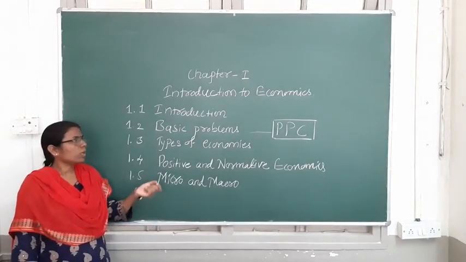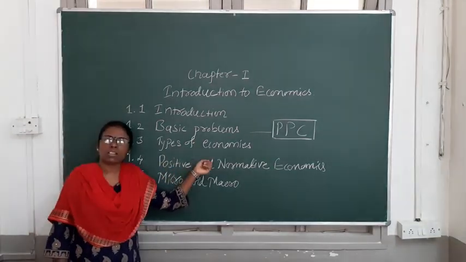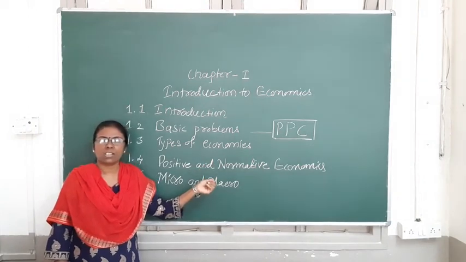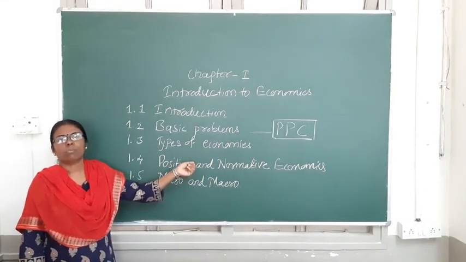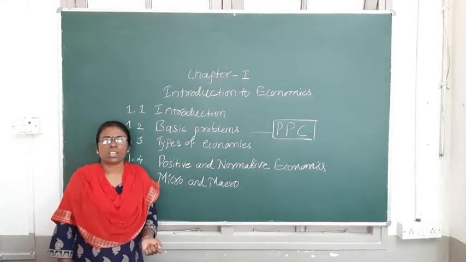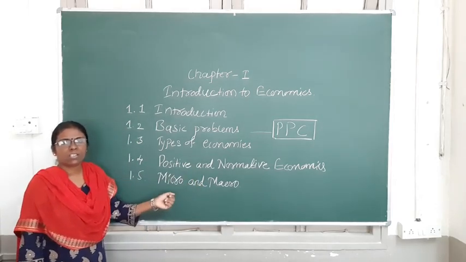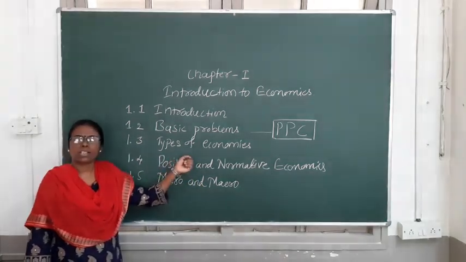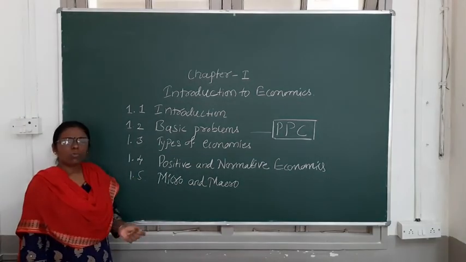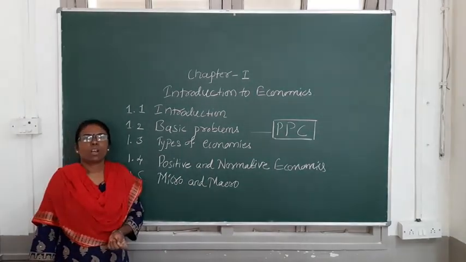And this what to produce includes a very interesting concept. That concept is the necessity of the people living in that country, and according to their needs, the production is decided. And the second one, how to produce.